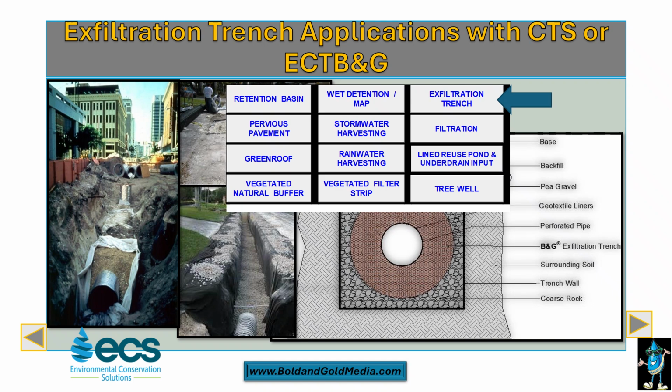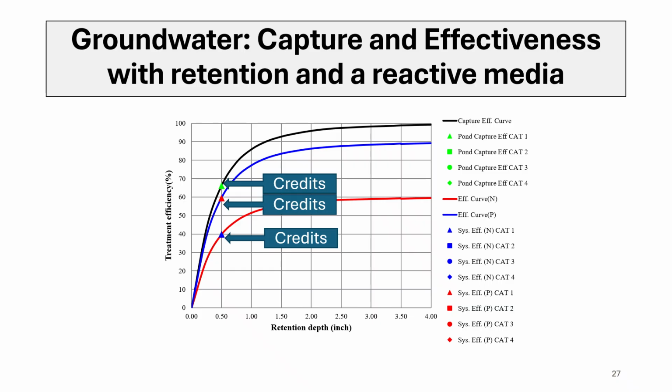That kind of longevity speaks volumes about the soundness of the engineering principles behind these designs. The credits shown here were determined based on the use of exfiltration in an environmental review process. This methodology carries forward and continues to be applied within BMPFast.